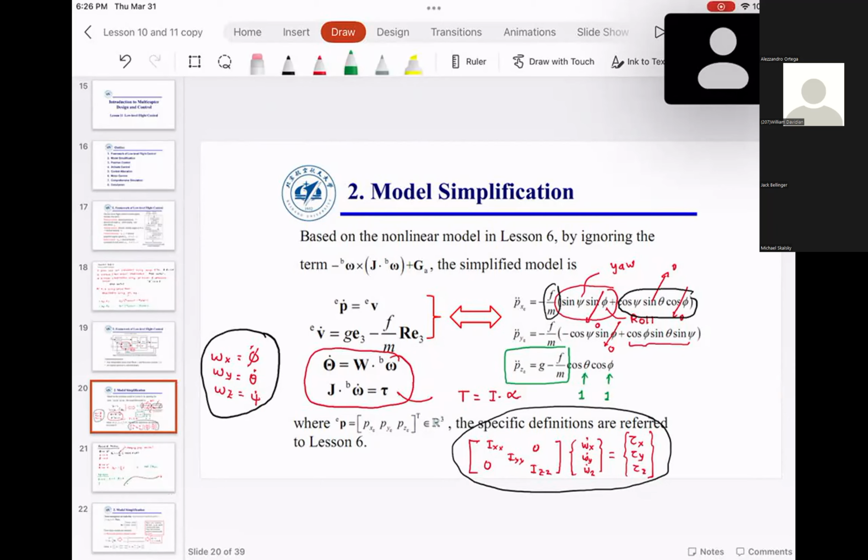One question: on the Z direction acceleration formula, the G minus F by M, right? If I increase the thrust, obviously it is going to increase the force. Then G minus F by M will give me a smaller value. Correct. But it's going to be in the positive direction, so that G is always going to be present, in the downward direction. It depends upon what axis you choose.